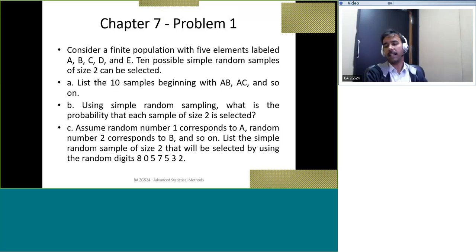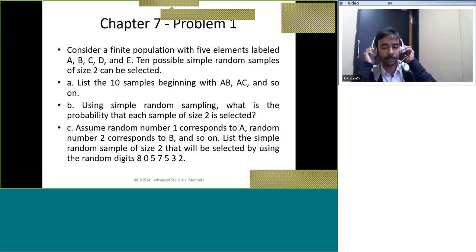I will number the students, so I have 100 two-digit numbers. I will go to a page of the random number table. Suppose I want to take 10 students as a sample, I will collect 10 random numbers from the table. The students corresponding to those 10 random numbers will constitute the sample.